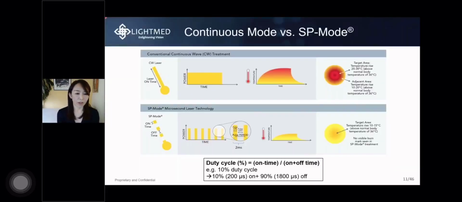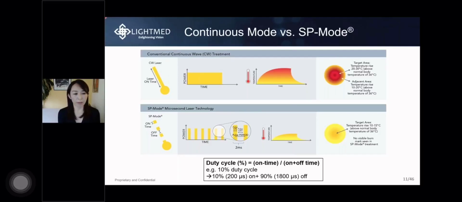First of all, I can show this maybe very well-known schematic description. This is a comparison between CW, continuous wave mode, and SP mode. In the continuous wave mode, the laser is always on during the irradiation time, for example, 200 milliseconds for one irradiation.